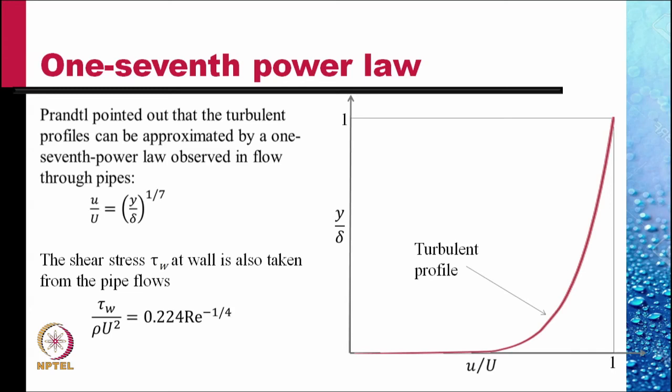And Prandtl also suggested that we could use the expression for the shear stress at the wall from the pipe flow itself. And for the pipe flow, he had obtained tau w divided by rho U square as 0.224 into Reynolds number raised to the power 1 by 4 for turbulent flow through pipes.